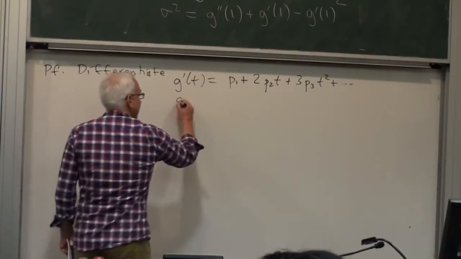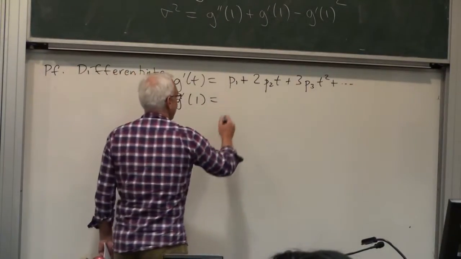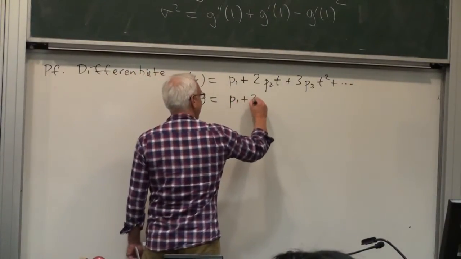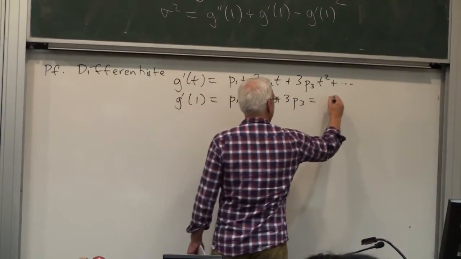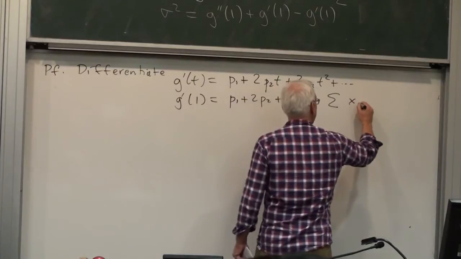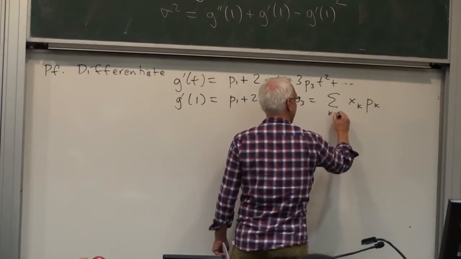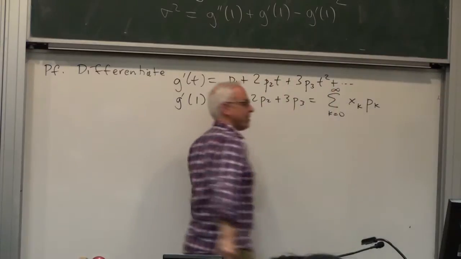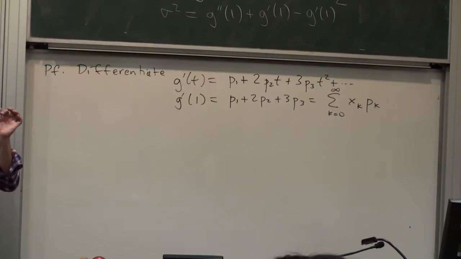And so if we plug in 1, then we get p1 plus 2 times p2 plus 3 times p3. And that's the same as the sum of the values times the probabilities. Because we said that the values were just 0, 1, 2, and 3.